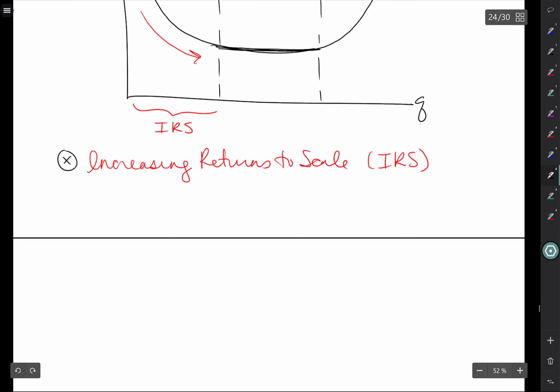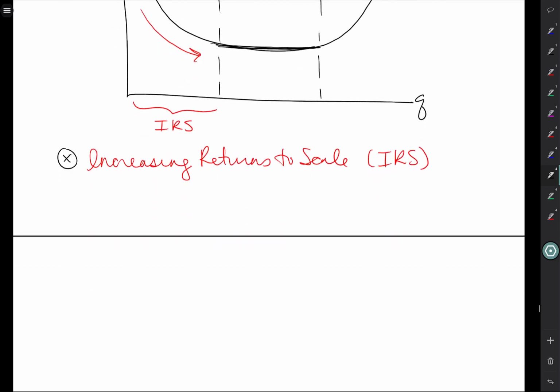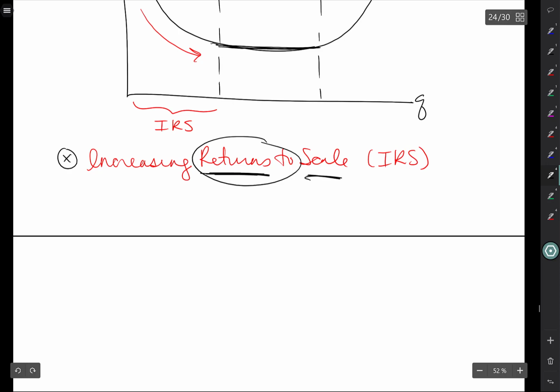Actually, let me write some things. If we have increasing returns to scale, first of all, let's understand what this means. The returns to scaling, what are the returns to production? It's the output, right? The returns that you get from doing what you do is whatever you produce. Those are the returns.